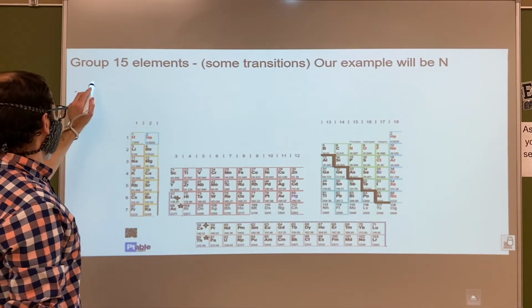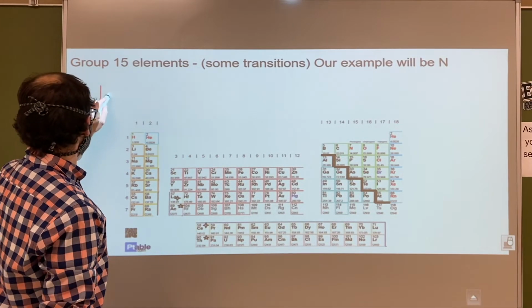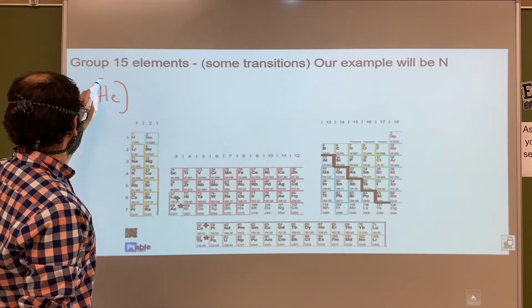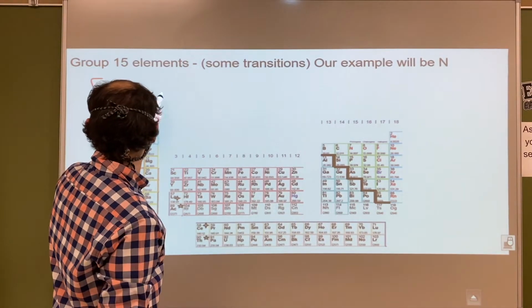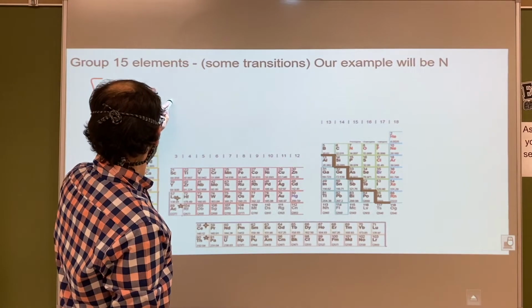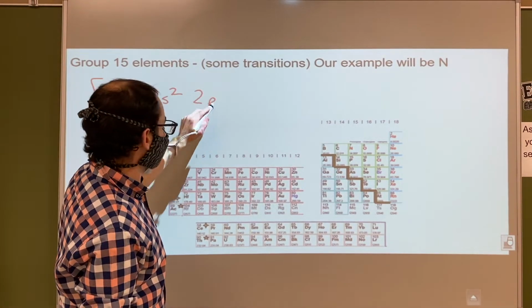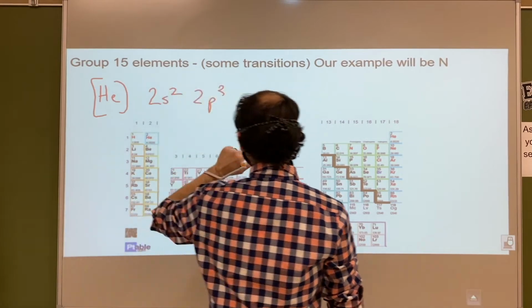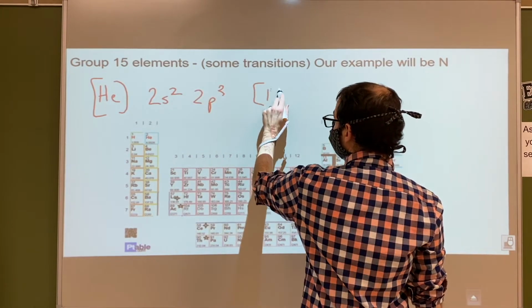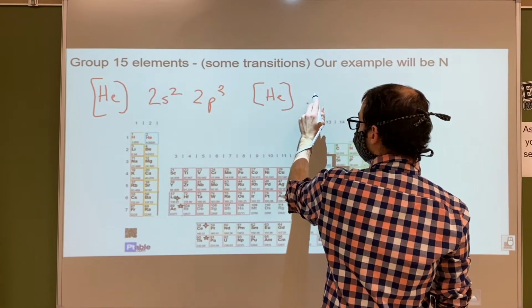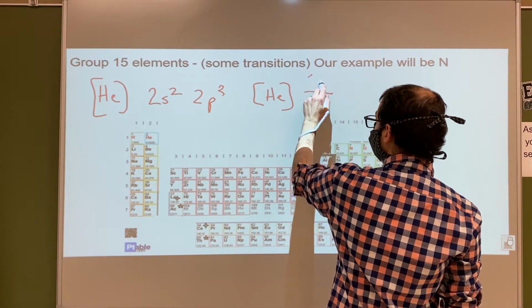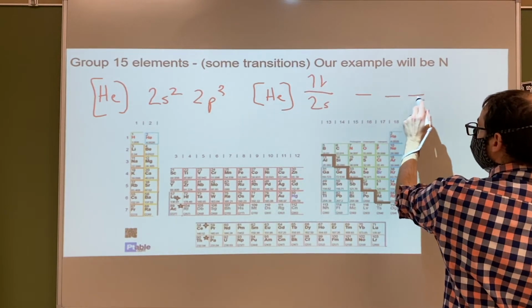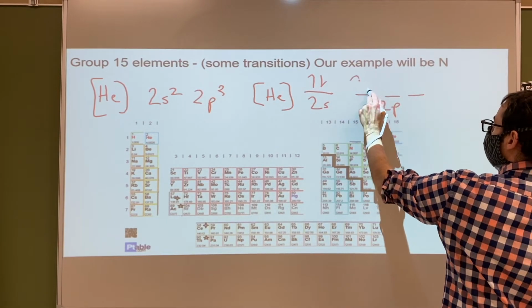All right, nitrogen. This is He, and then 2s2, 2p3, because the total's 5. Helium, 2s up, down, 2p up, up, up.